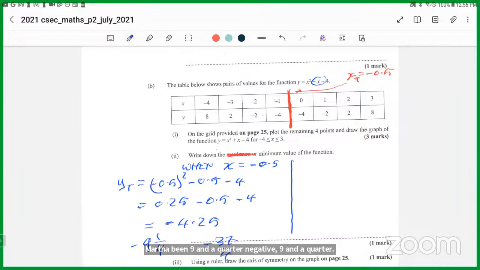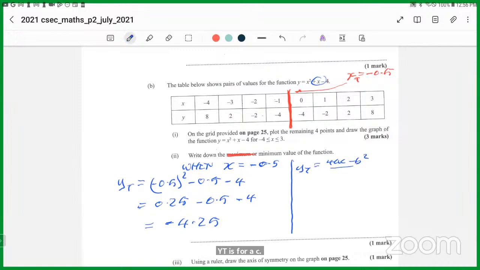But let's work it out using xt, yt. So yt is 4ac minus b squared over 4a. The a in this expression is 1. The c is this negative 4 right here.